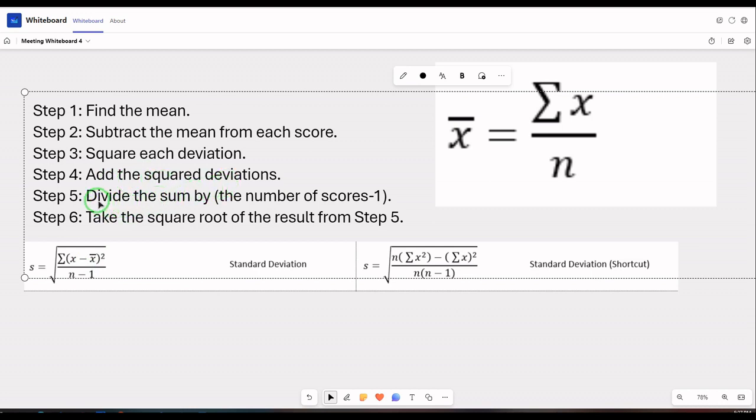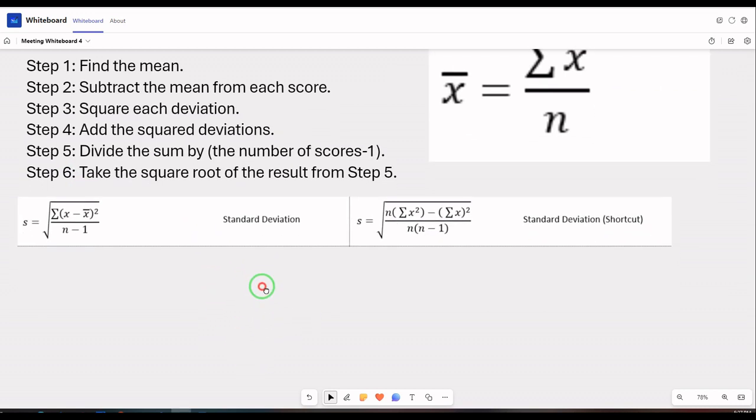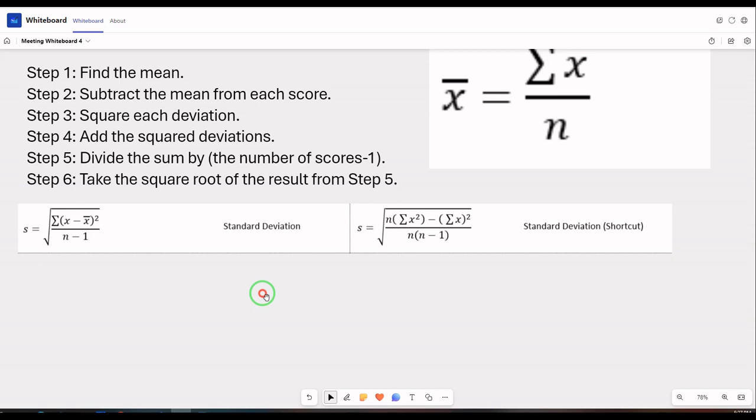After that, you divide the sum by the number of scores minus 1, which is n minus 1. And step 6 is taking the square root of the result from step 5. These are the steps you need to take for using this formula.